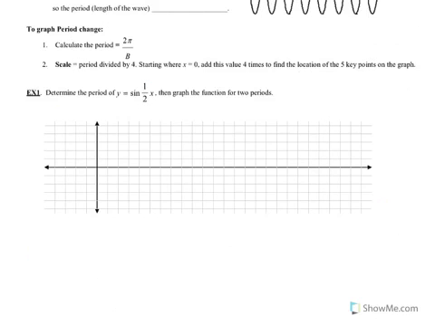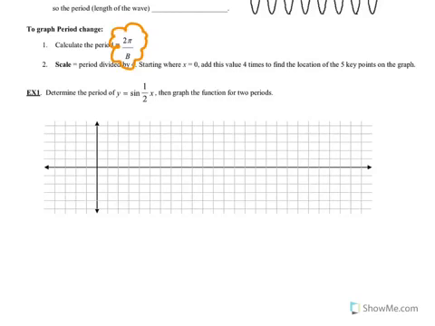So how would you graph something that had a period change? Well, the first thing you want to do is calculate the period. That's where we use this little equation right here, 2 pi divided by b. That's going to be the period. And then we want to use a scale.